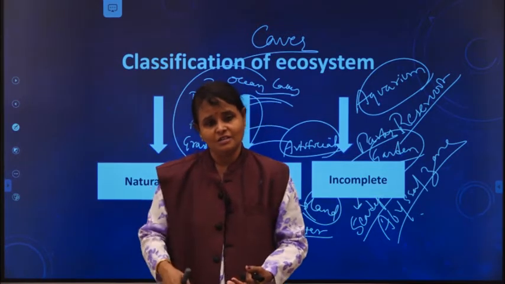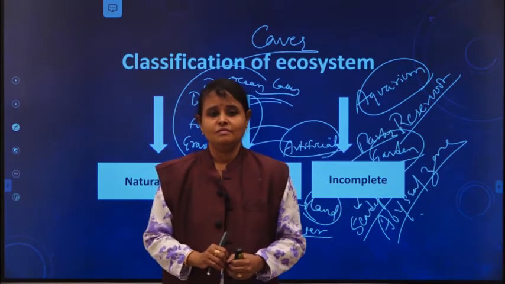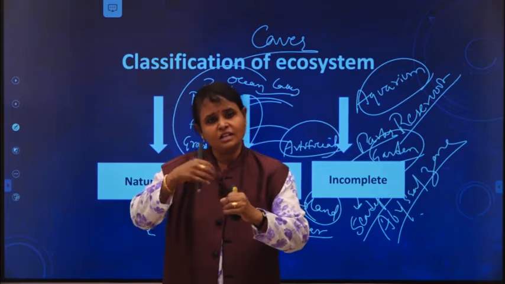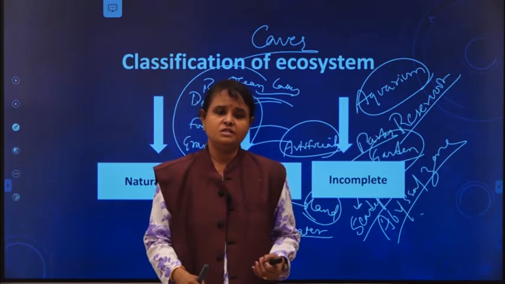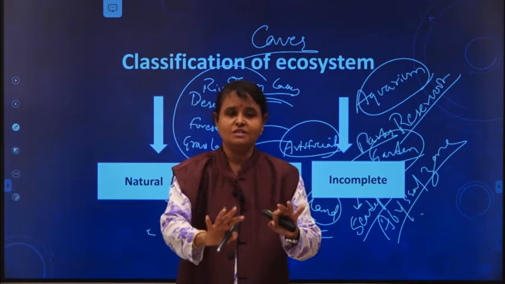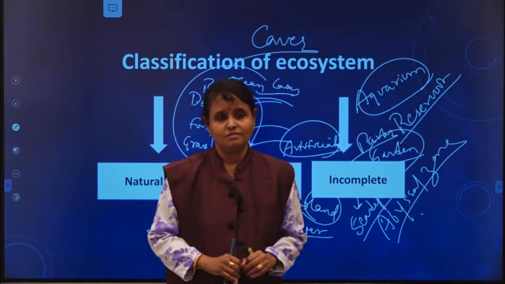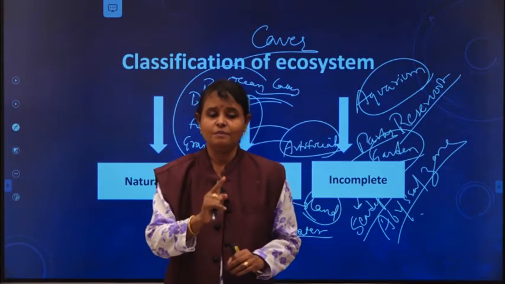So sunlight is absent. Plants are absent. Whatever the dead material, the plants or the leaves died on the surface, they settle to the bottom by sedimentation. But plants are absent after 2000, 3000 meters in the sea or ocean. That is called abyssal zone. It becomes incomplete ecosystem.